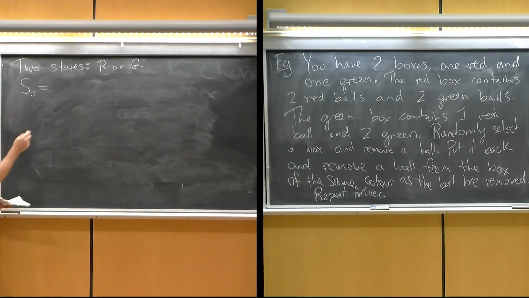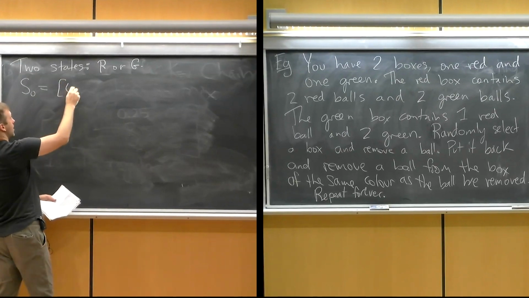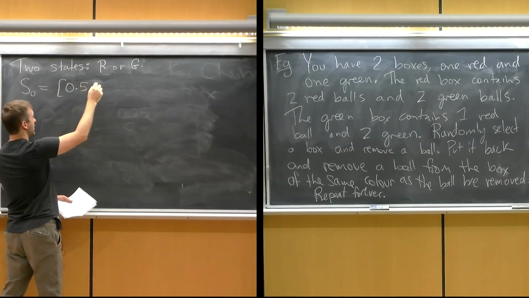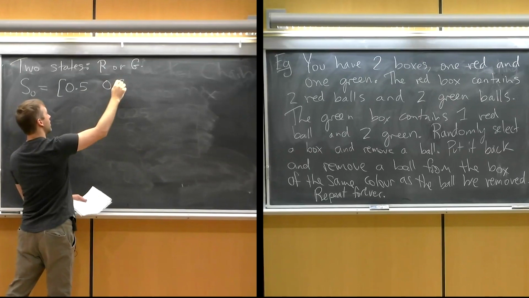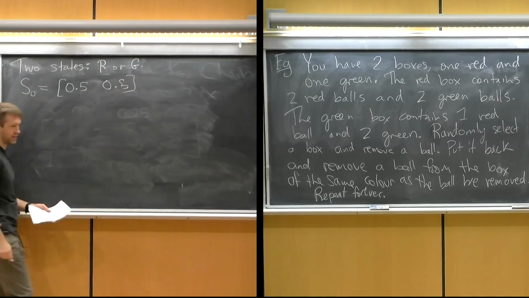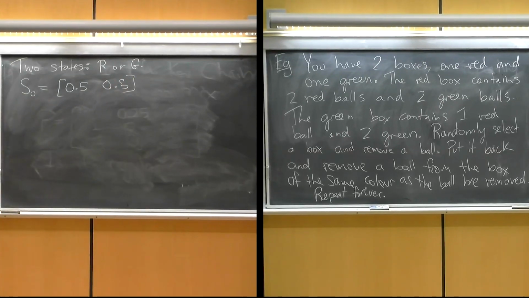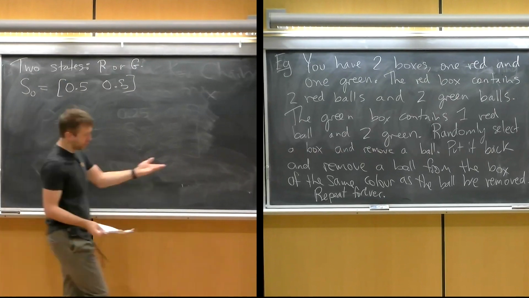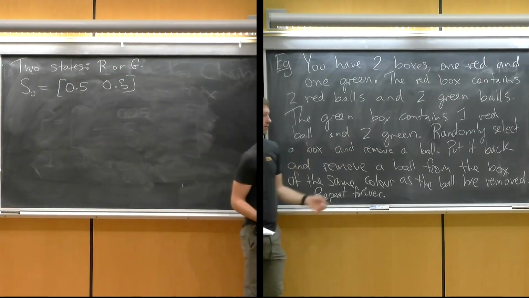So the initial state is just going to be, on my first round, I have a 50% chance of picking the first box, 50% chance of the second box. Your initial state should always indicate what happens in the first round. How does the first state get determined? And here the first state gets determined randomly. We randomly select a box.